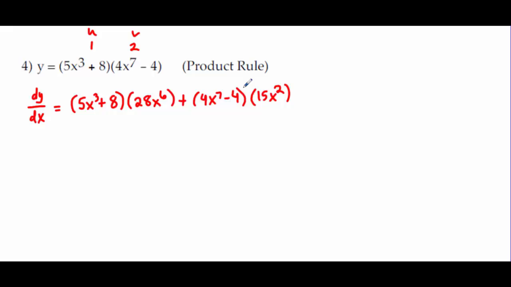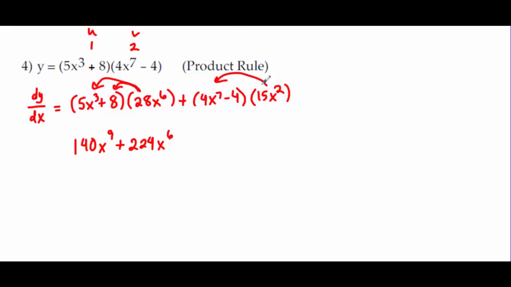I am very lucky that I'm a math teacher and have calculators just lying around at my house. So 5 times 28 is 140. I add the exponents for the x's and get x to the 9th. Then all we're doing here is distributing, not FOILing. So then plus 8 times 28, which is 224, x to the 6th.